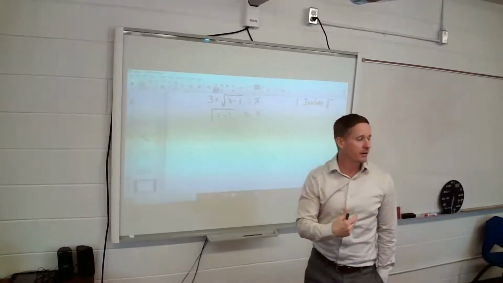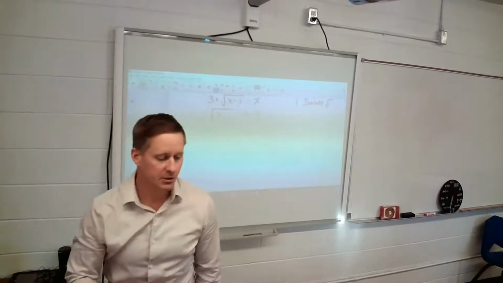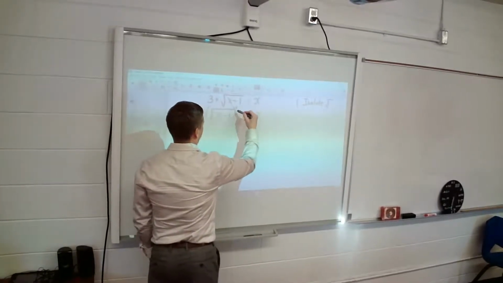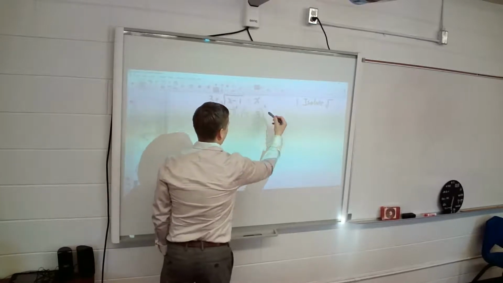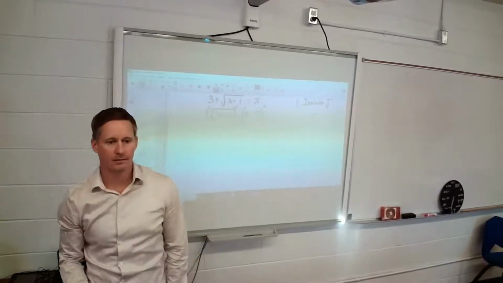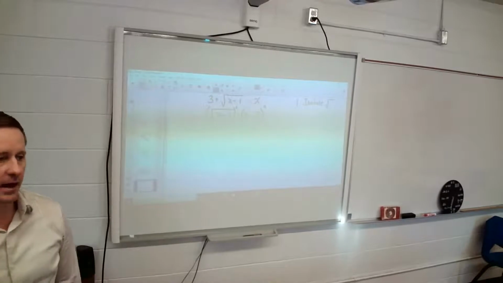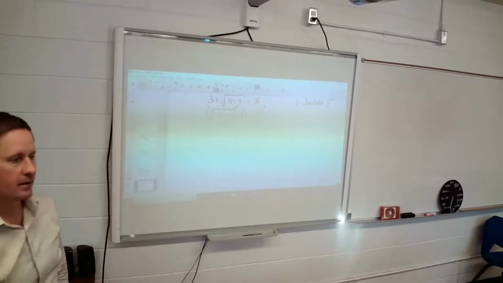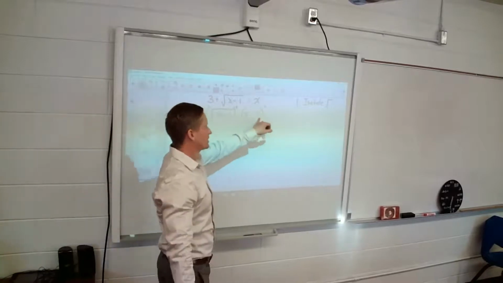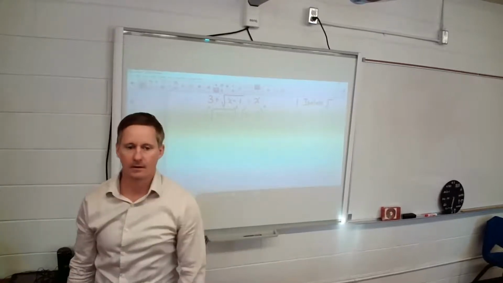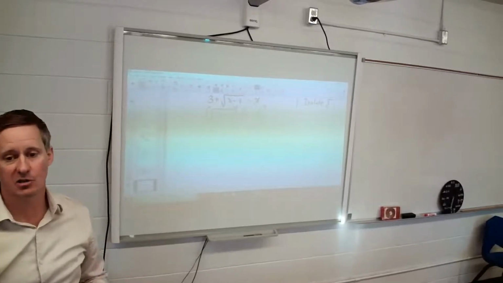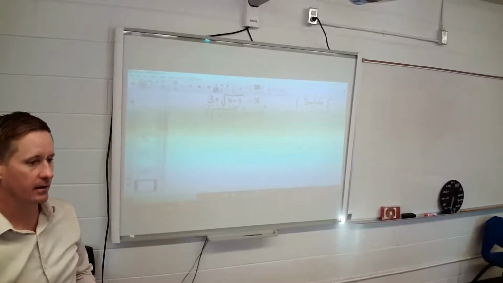All right. How do I get rid of the square root? Square. So I'm going to just show you this by putting brackets here and here. That's the important part. So I'm squaring everything on both sides. Now that doesn't mean I go x squared subtract 9. When I square it, that means I'm taking x minus 3 times x minus 3.